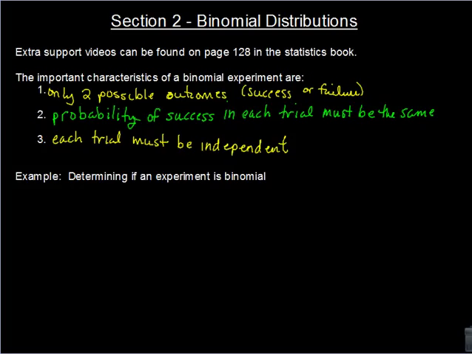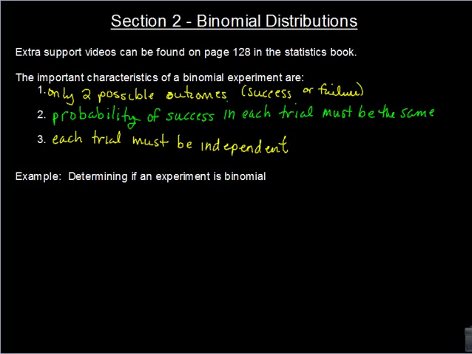If you're pulling cards out of a deck, you can't have the card you pulled out gone when you make your second, because if the card's not put back, the probability changes on the second trial. So you always have to start with the same conditions every time. So full deck of cards, the same number of dice, the same number of coins. You can't have a loaded die or a loaded coin, like a two-headed coin or something. It has to be the same.